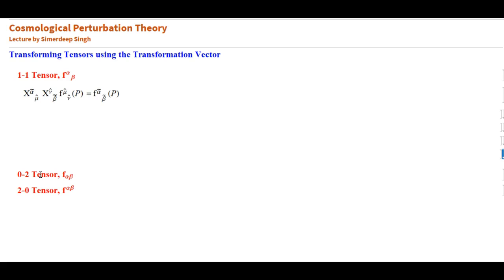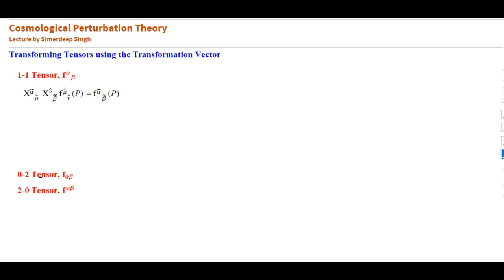And we have applied this concept of replacing the transformation tensor with the equivalent expression in terms of the transformation vector in transforming a vector at a given point.